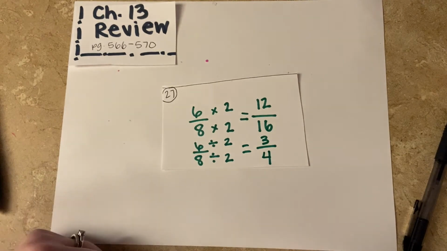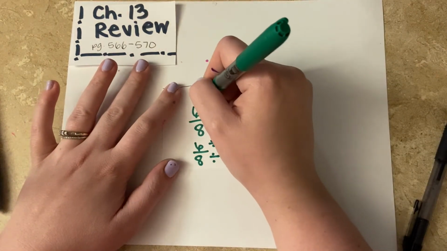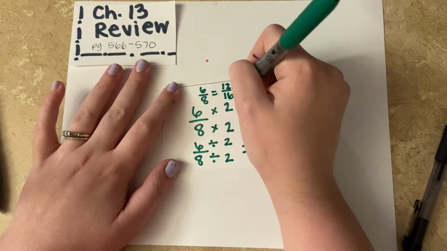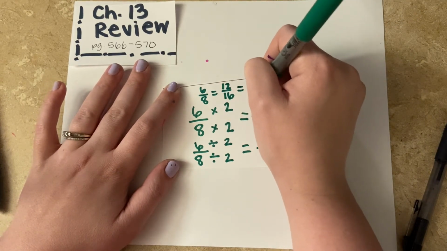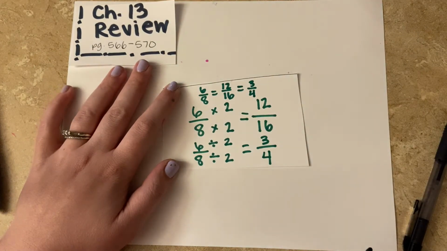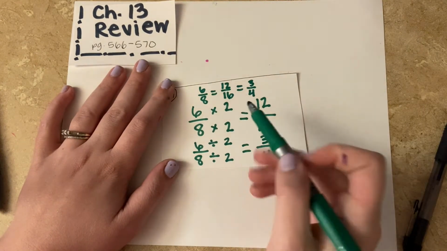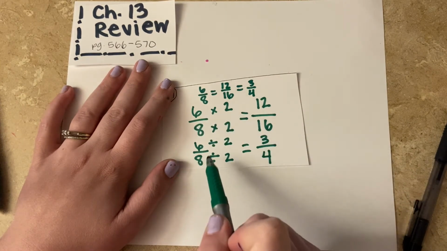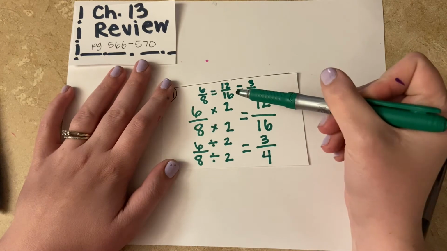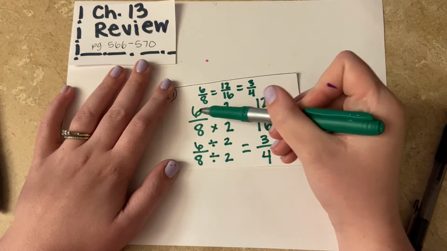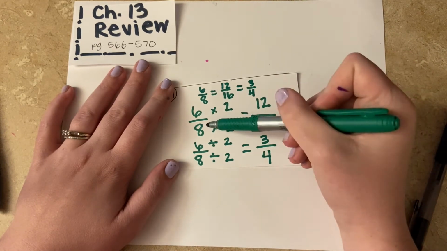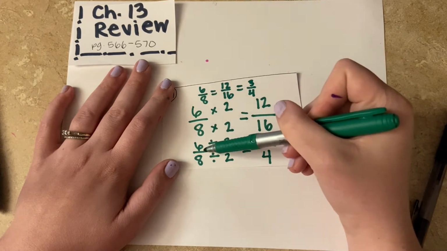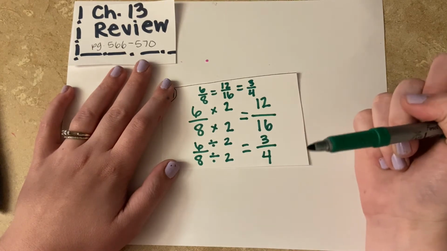So what do I know now? I know that 6/8 is equal to 12/16, which is also equal to 3/4. Okay, so remember, to find an equivalent fraction, you can either multiply or you can divide. But you just have to remember, if you're going to multiply, you multiply the same number to the numerator and the denominator, and same for division. You have to divide by the same number for the numerator and the denominator.